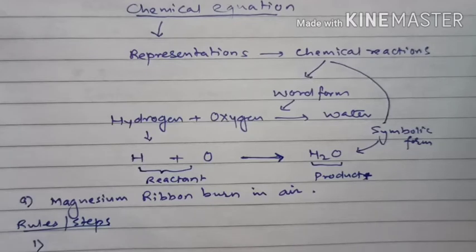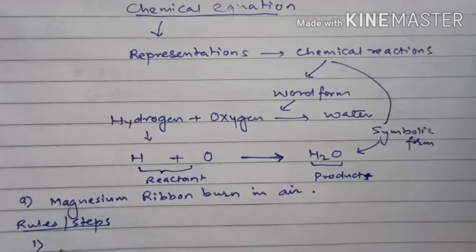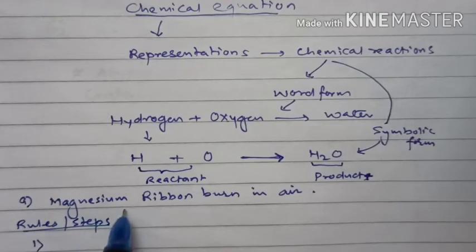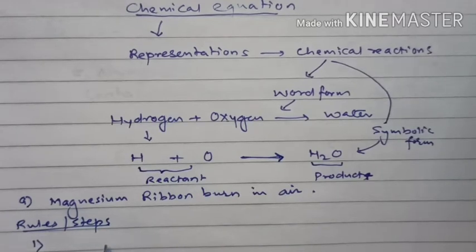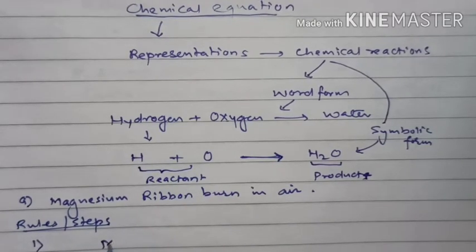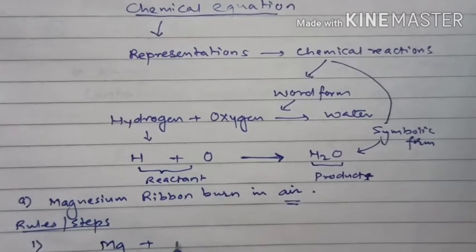So when we are writing the chemical equation, the first step is that you have to write in a symbolic form. So we are translating this "magnesium ribbon burns in the air" into symbolic form. So how can we translate? See, the symbol of magnesium is Mg, plus when it is burning in the air, it consists of what? Oxygen.